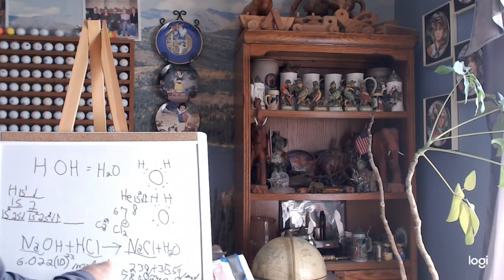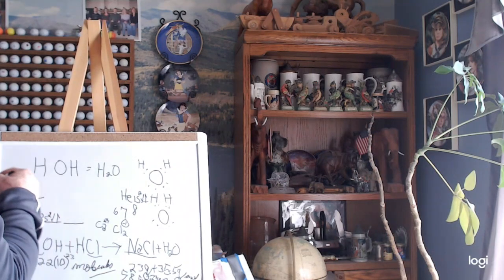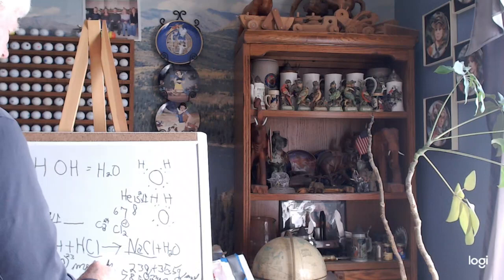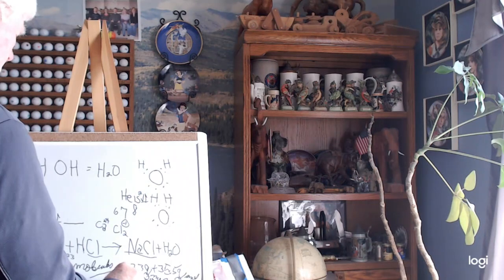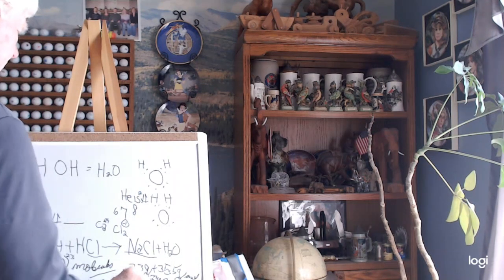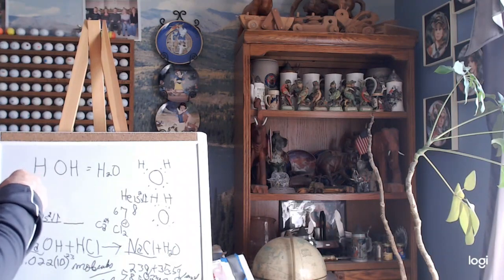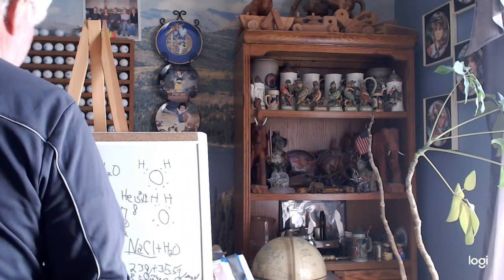And now we're past the atomic mass, molecules per atomic mass. It's now molecular mass, or molecular weight, if you want to call it that. Okay, that's kind of a crowded view, but it's pretty accurate.